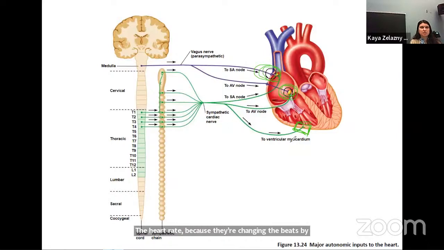But the sympathetic nervous system is also going to be able to adjust how hard the muscle squeezes. So that's why we care that the sympathetics go to the ventricular myocardium, but the parasympathetics do not. Okay. The sympathetics are going to be able to control, in part, the force that we exert with those ventricles.